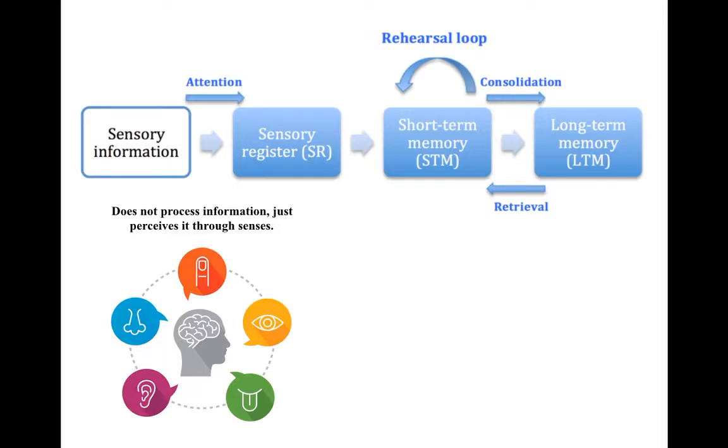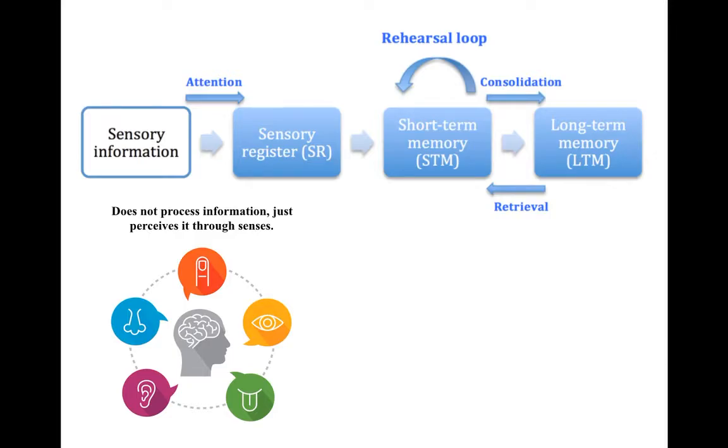Now if I read that as 12, 34, 56, 78, and 910, that is only 5 units of information, because when I chunk 1 and 2 together, they make 12, a meaningful chunk of information. So the capacity refers to how many of those chunks each of these components can hold.